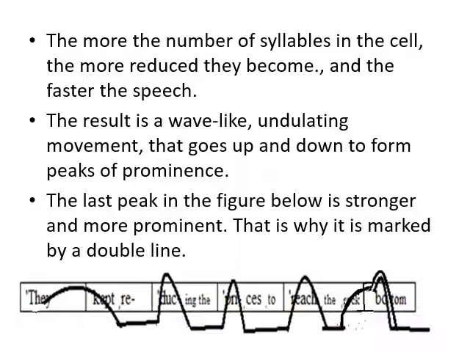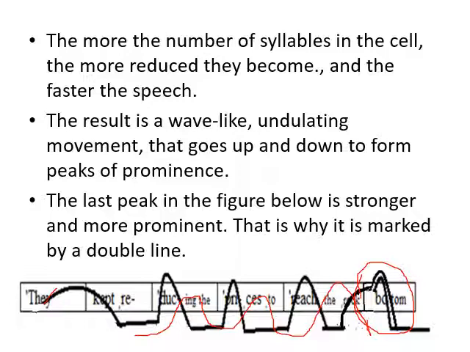So bottom carries the primary stress of the word and also the sentence stress, that's why I marked it with a double stroke. Here I give it stress, and then you have to rise higher than all the rest to make the fall. The result is a wave-like undulating movement. See, they go like waves, an undulating movement that goes up and down to form peaks of prominence.